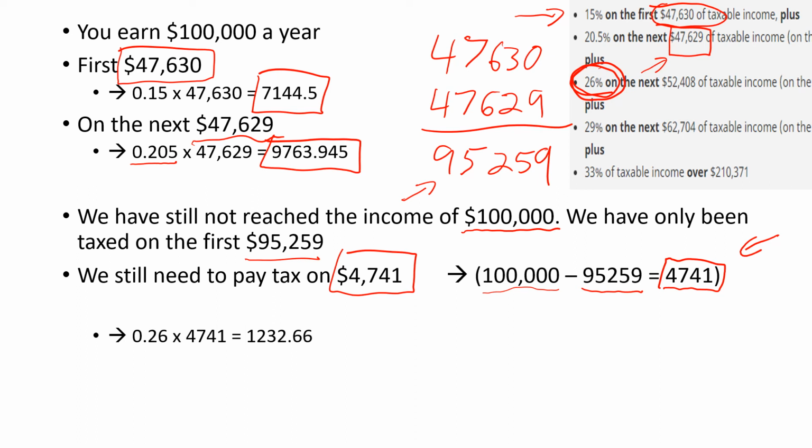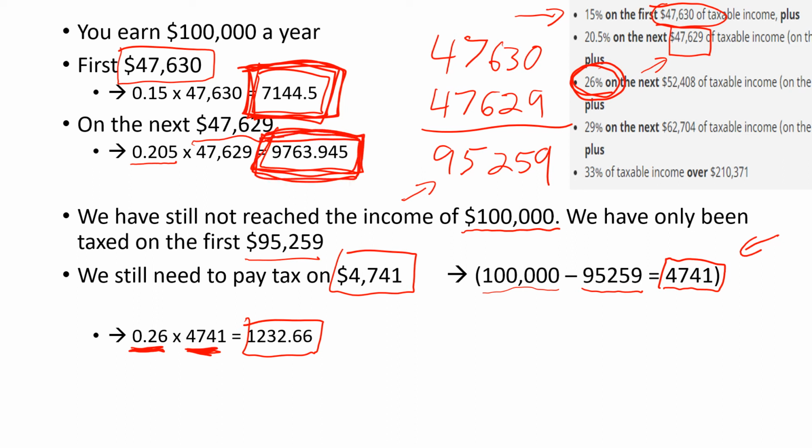So I take 26%, I convert it into my decimal form, I multiply it by how much is in that bracket, and I get $1,232.66. Now, to find out how much total income tax I must pay, I take all of the income taxes from all the different brackets. So I first take $7,144.50. I add it to this $9,763.